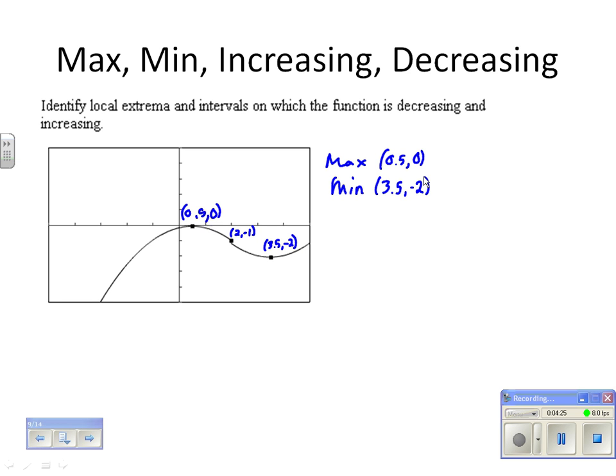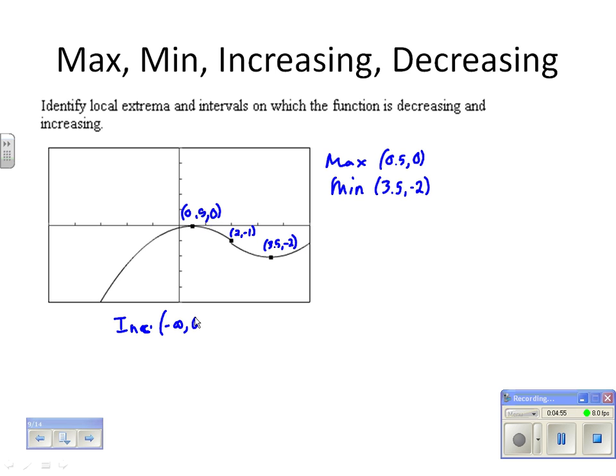So next we want to look at decreasing and increasing. So increasing is where our graph is rising, which is right here, and then it starts decreasing, and then it starts increasing again. When we write these out, we just look at the x values. Increasing. Okay, so when we start off over here on the left at negative infinity, we're increasing.